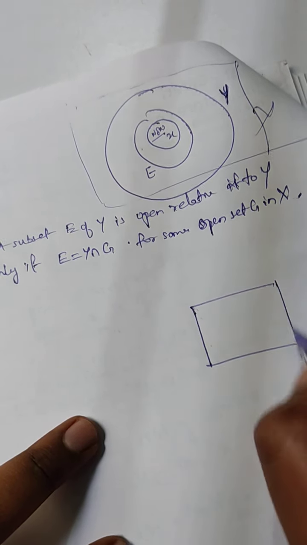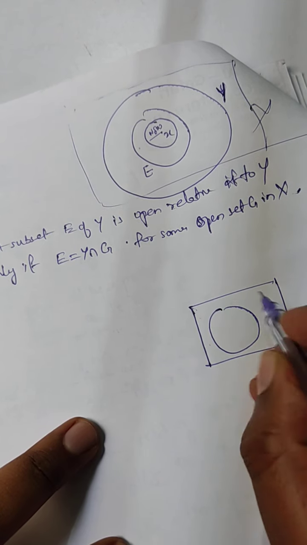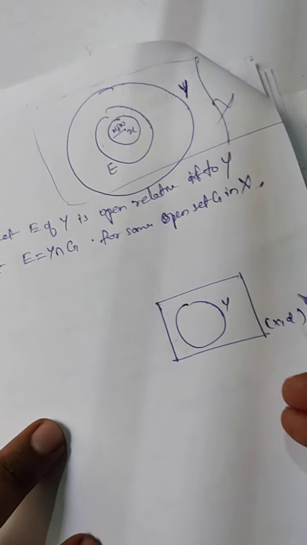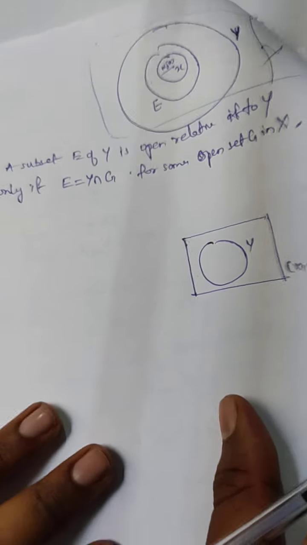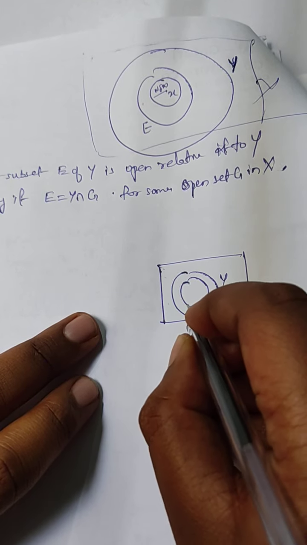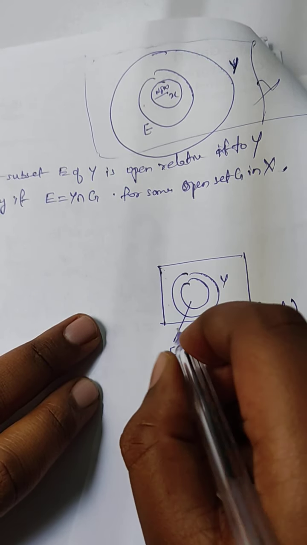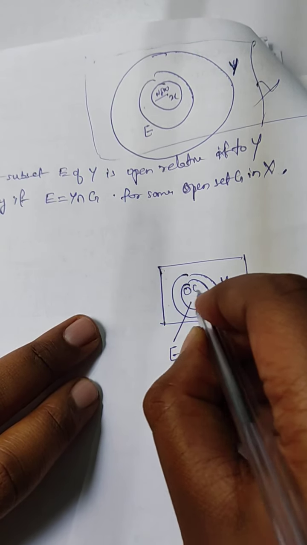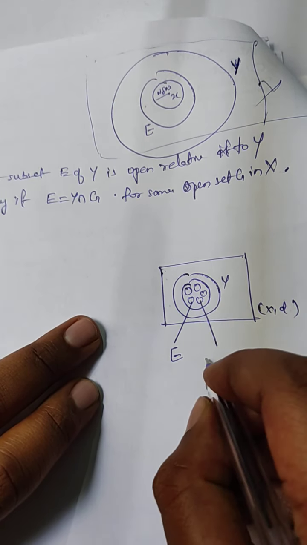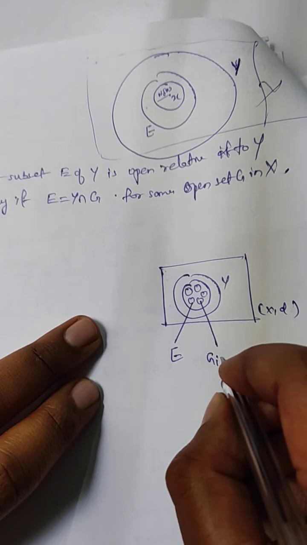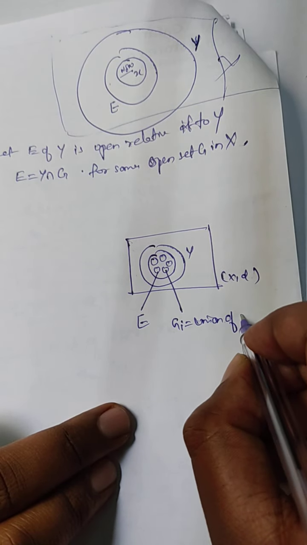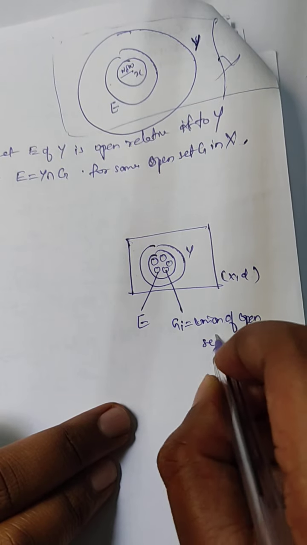there is a metric space. We know that Y is a subset of X. Then we have Y, and then there is a subset E. There are some open sets, open neighborhoods. We consider G, which is equal to a union of open sets.